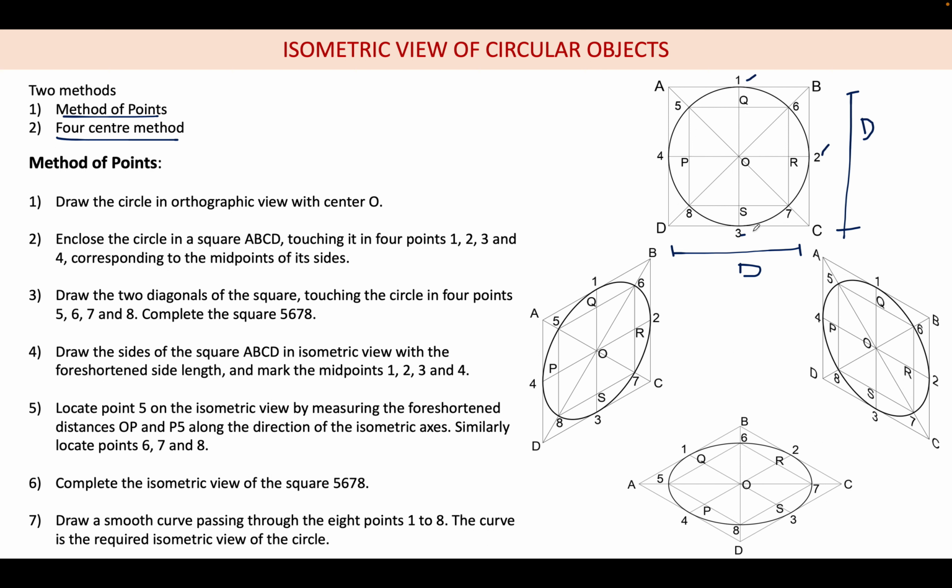This is where the circle will be tangential and touch the side. Then we are drawing the 2 diagonals, and marking these points as 5, 6, 7, 8, and with 5, 6, 7, 8 we are drawing another square inside, and for that we are marking the midpoints as P, Q, R and S.